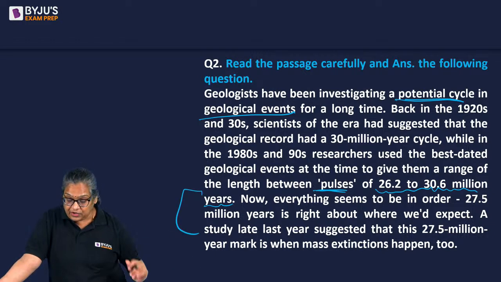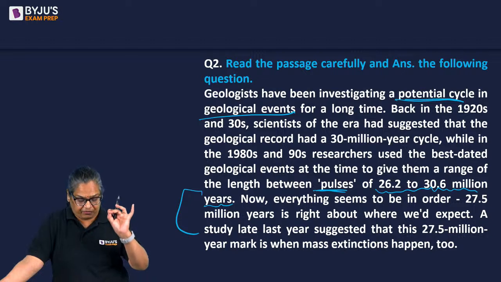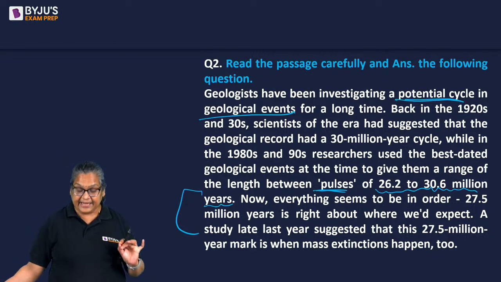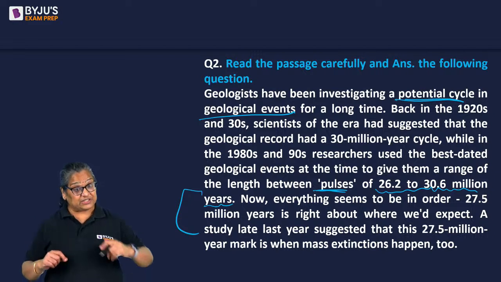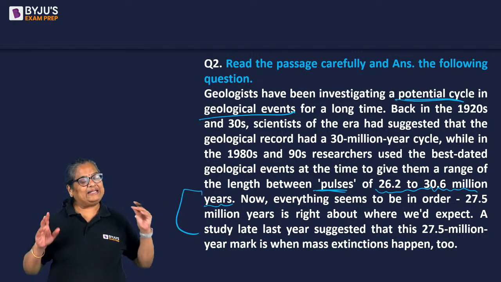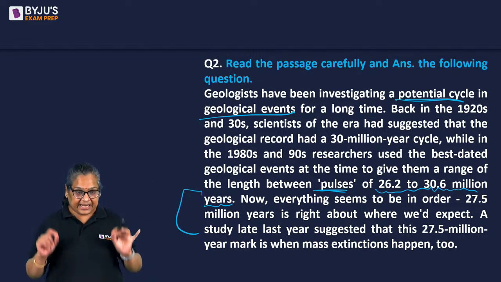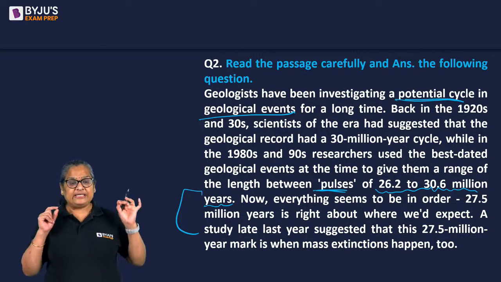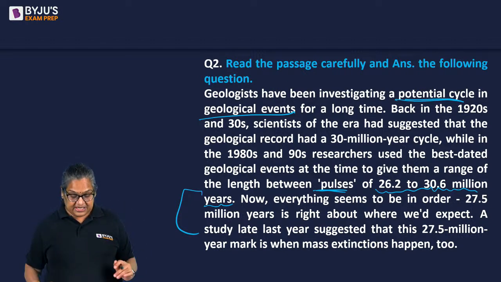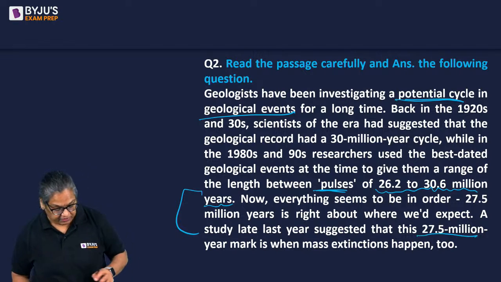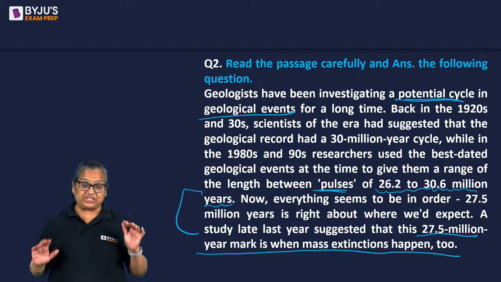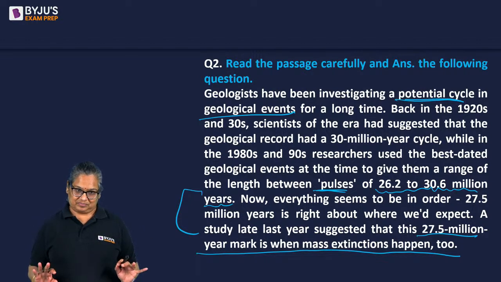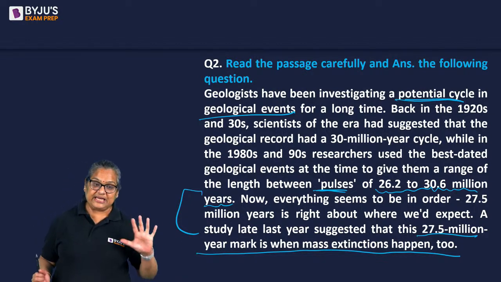So what is the final verdict? 27.5 million years is right about where we would expect that geological events follow a cycle, and that pulse range is likely to be 27.5 million years. A study last year suggested that this 27.5 million year mark is when mass extinctions happen too. All right. These are the facts.